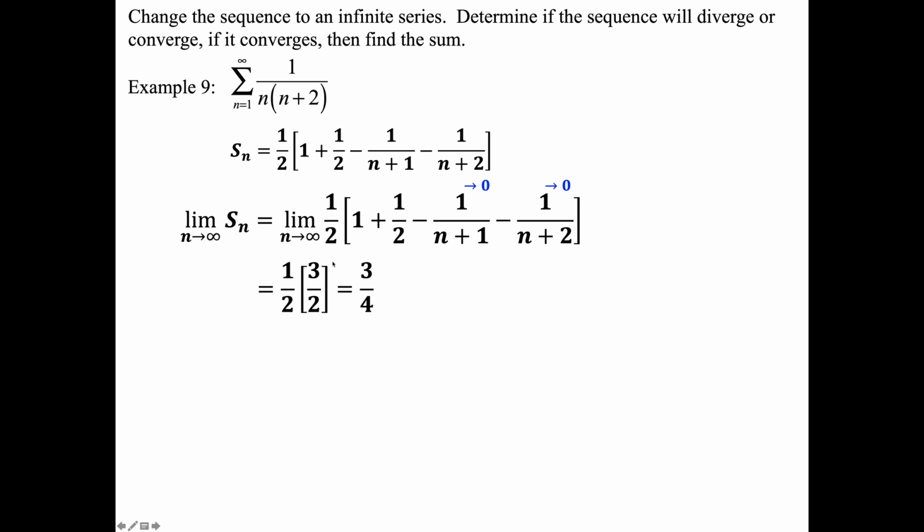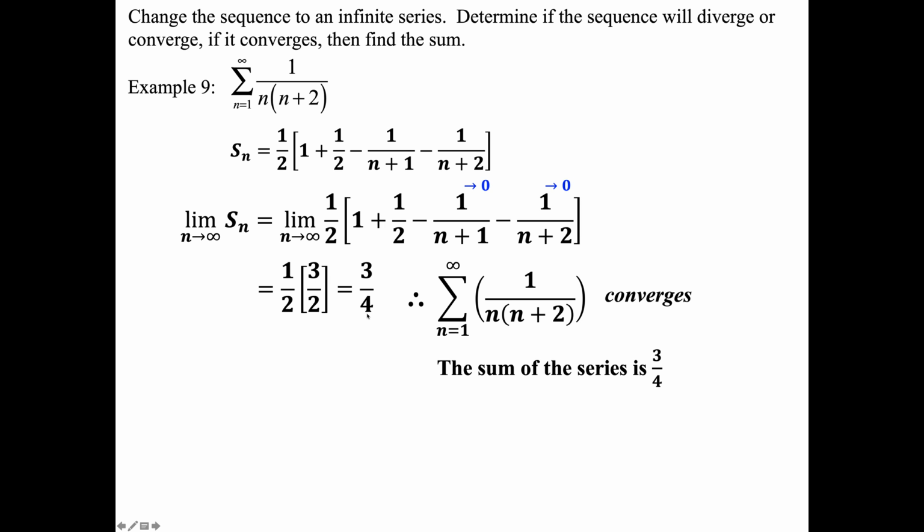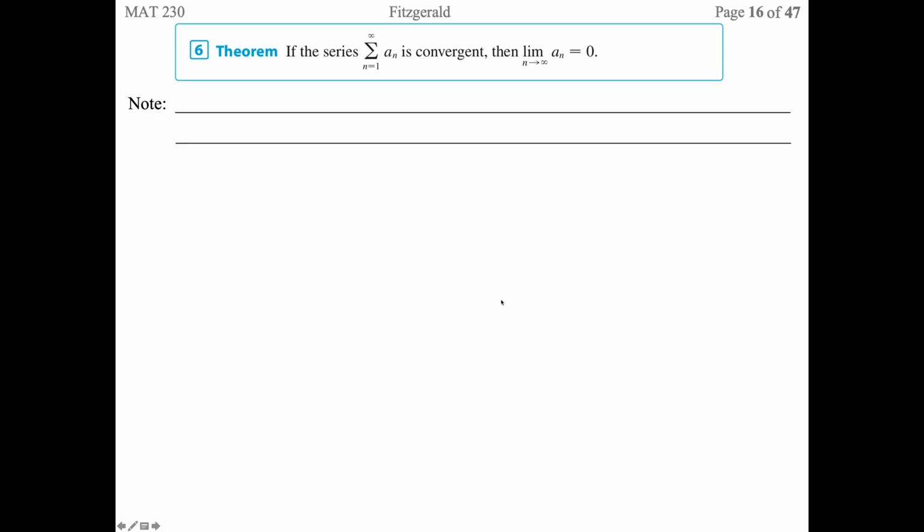So we have 1/2 times 1 plus 1/2, which is 3/2, multiplied together is 3/4. So therefore, that infinite summation for 1 over n times n plus 2 will converge, and the sum of that series is 3/4.